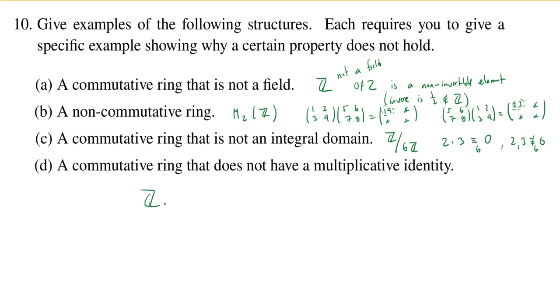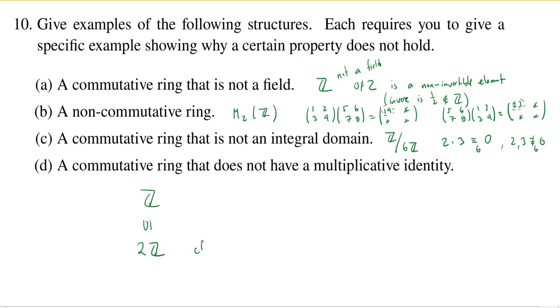We know the multiplicative identity is 1, so can we build something which is closed under both addition and multiplication, and which doesn't contain the identity? And if you've been paying close attention during the more recent lectures where we talked about ideals, that actually gives us a good idea. We can actually take any proper ideal. So for example, we take all the multiples of 2.